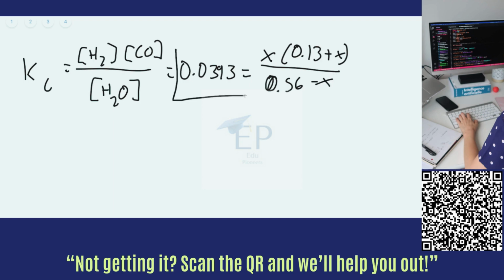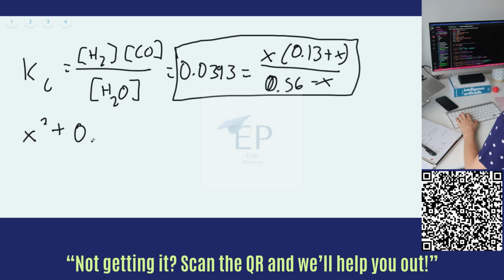And now we want to take this and turn it into a quadratic equation so that we can solve for x. And when we do that, we end up with x squared plus 0.1693x minus 0.022 equals 0.